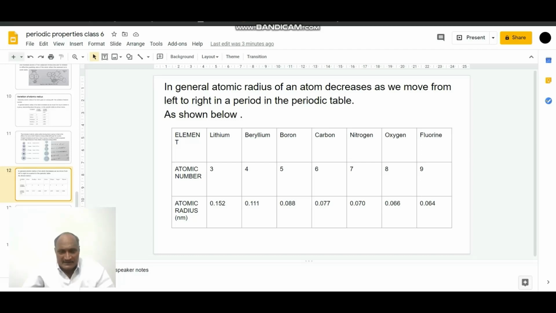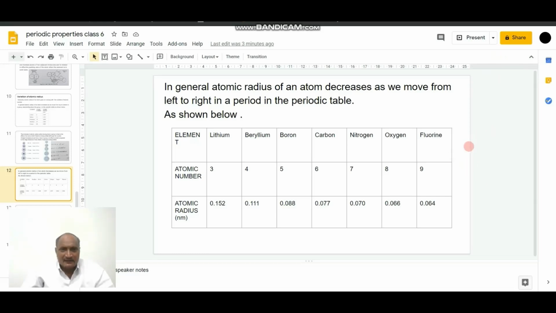Likewise, coming to the second part of the variation of atomic radius, in general, the atomic radius of an atom decreases as we move from left to right in a period in the periodic table.